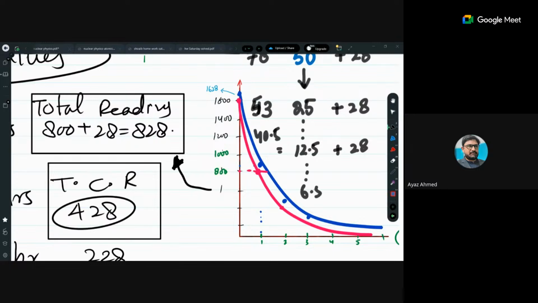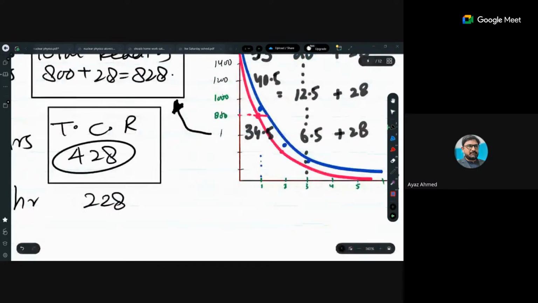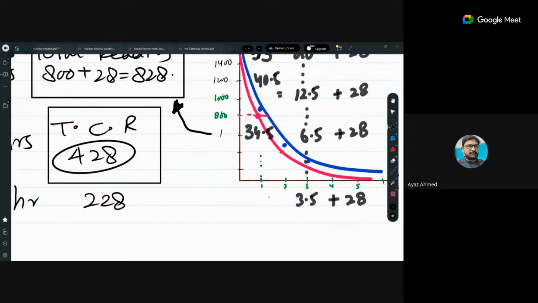When it would be 6.5, then it will be 28, your value will be 34.5, then it will be 3.5, and so on. अब देखो ये जब 3.5 हुआ तो now you are in the range of 31.5, then it will be 1.5, 28 will still there, so you will get 29.5, then you will get almost 28, and so on. So here your graph would become constant.